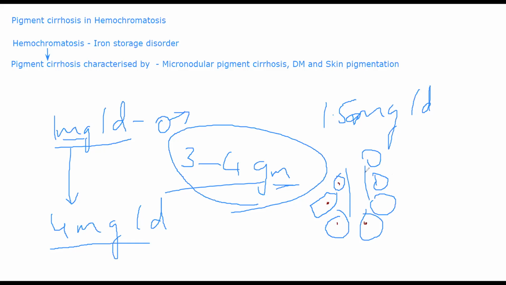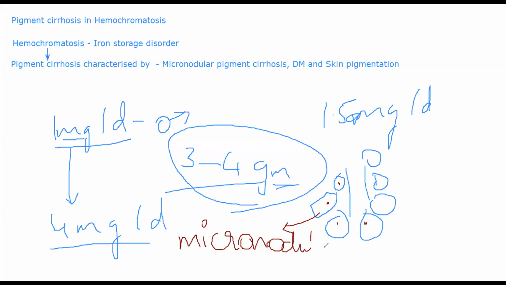So the region around your portal system, that is where the first effect will be seen. Okay, ultimately, along with this, fibrosis will increase. So in the portal zone you will have fibrosis occurring, and ultimately these hepatocytes undergo fibrosis and damage. Eventually this will lead to micronodular cirrhosis. So small nodules will be formed.